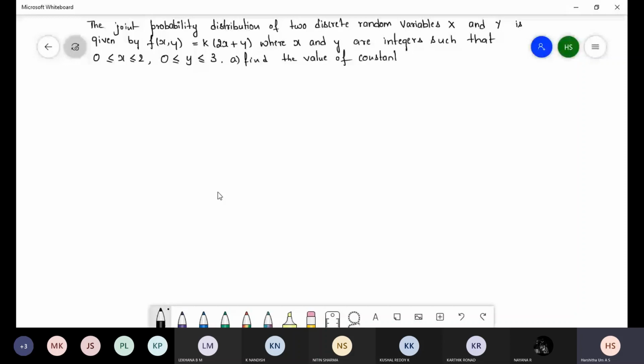Second one, find the marginal probability distributions of x and y.